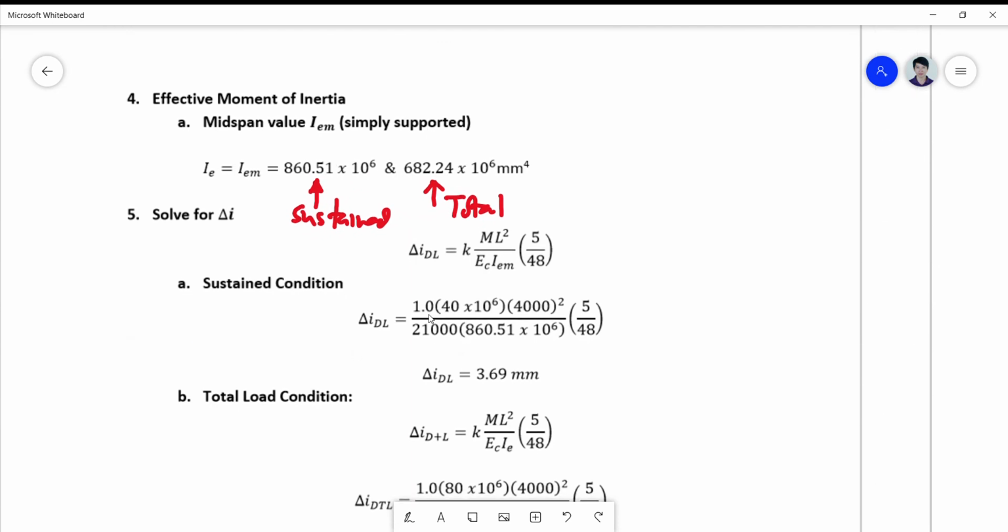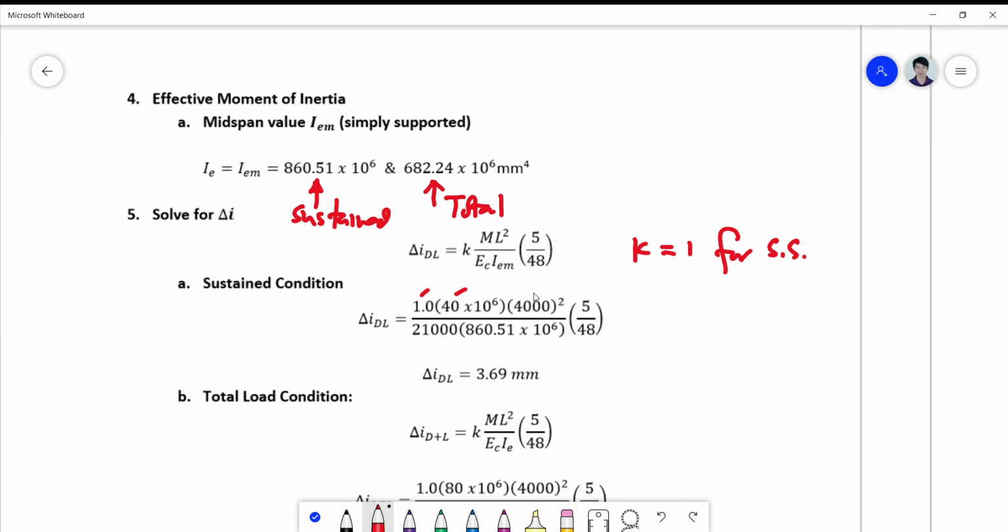This becomes K. What is K on simply supported? So we know that for simply supported, K equals 1. So that's 1. M is 40.